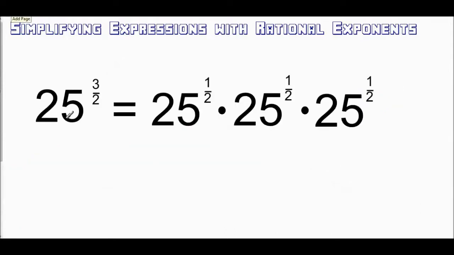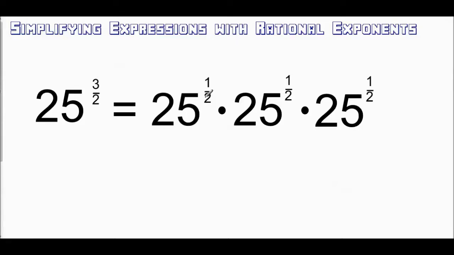So using 25 as a base again, let's see this one worked out. If I start with 25 to the 3/2 power, that can be expanded out as 25 to the 1/2 power times 25 to the 1/2 power times 25 to the 1/2 power. That works because from what we've seen earlier in the lesson, 1/2 plus 1/2 plus 1/2 is 3/2. By expanding it out, I can see this a little clearer.